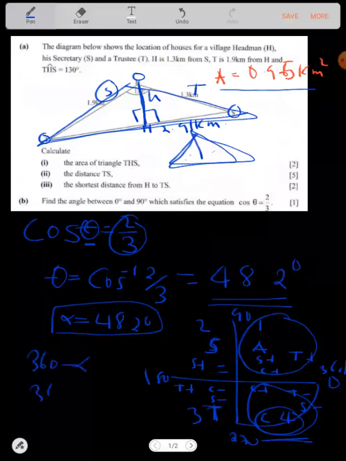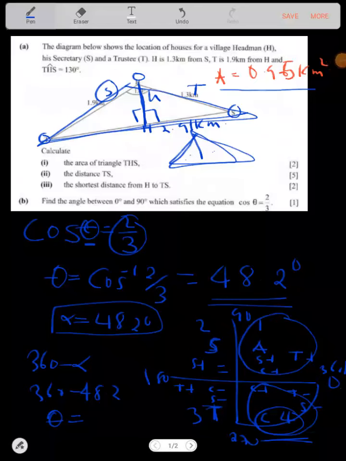So 360 minus our reference angle 48.2 will give us 311.8 degrees. So we have two angles that we're looking for, this and this.